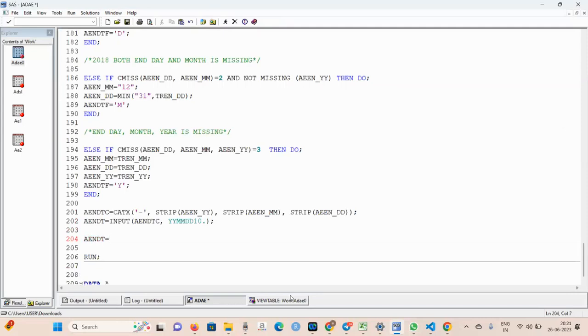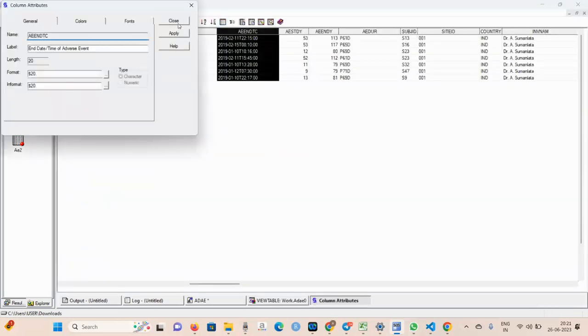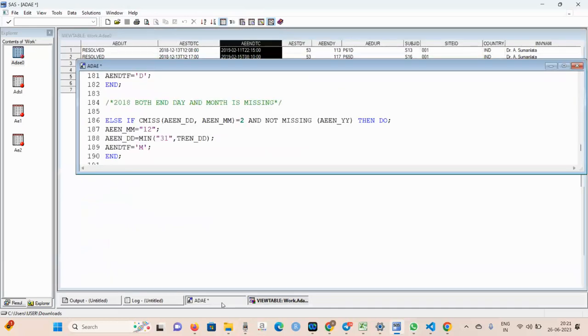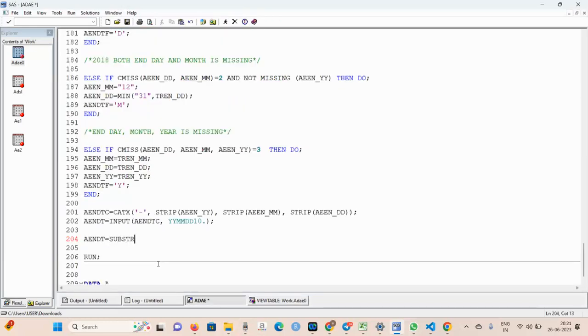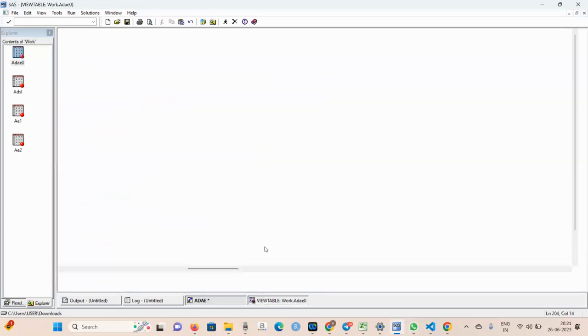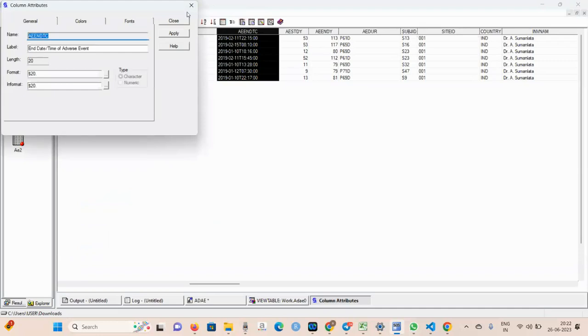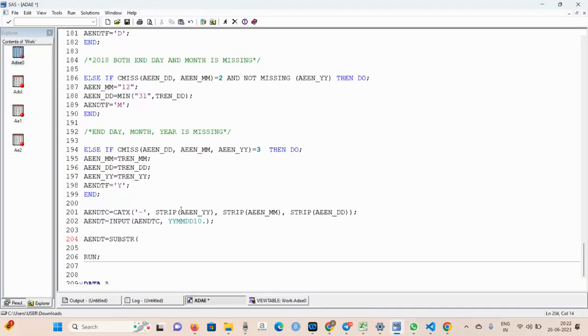Okay, this is a character format, so I cannot use the substr here. So only the date part, starting from 1 and 10.